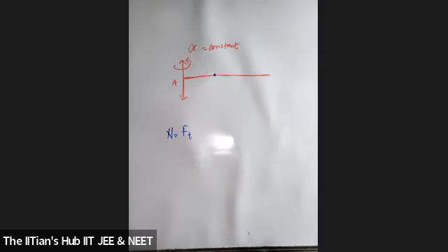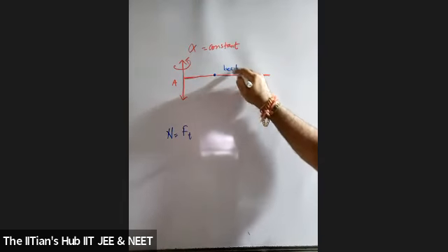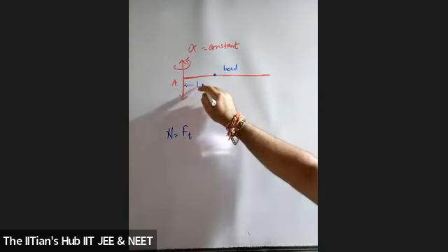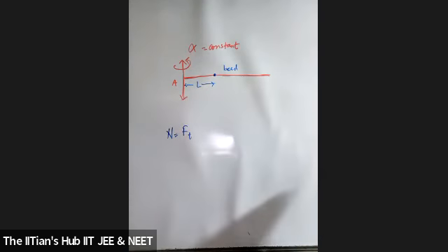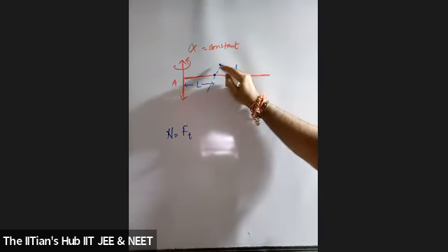Okay, where is the direction of the tangential force? The bead is over here, at a distance L from the axis of rotation at point A. So where will you consider the tangential force? The tangential force would be perpendicular to the rod. Absolutely correct. So I can consider this as the tangential force.